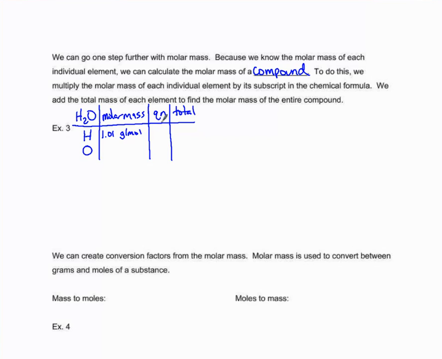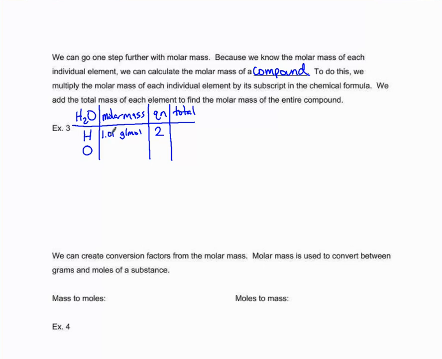For quantity, I'm looking at the chemical formula. This 2 right here tells me that there are 2 hydrogen atoms in a molecule. And then last, we're finding the total mass of all the hydrogens in this formula.